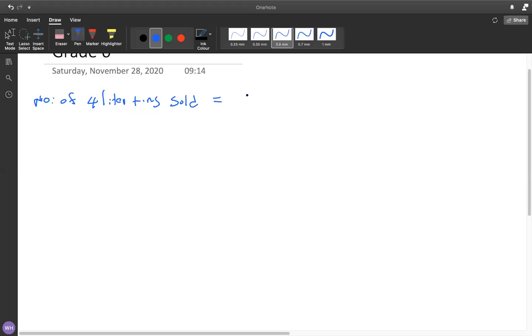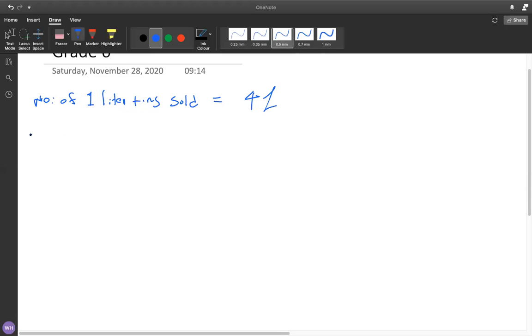It says how many tins are sold? 4 tins of size 1 liter. So they have sold 4 liters altogether.